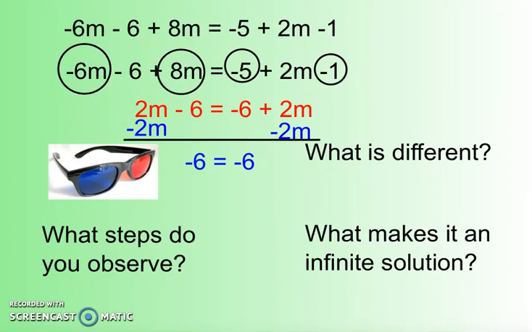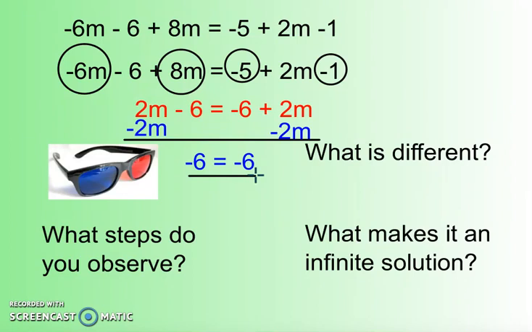What about this one? What is different about this equation? Exactly. Well, we solved it exactly the same way. There's nothing different. We combine like terms, get the variables over on one side, but the difference is, look at our answer.